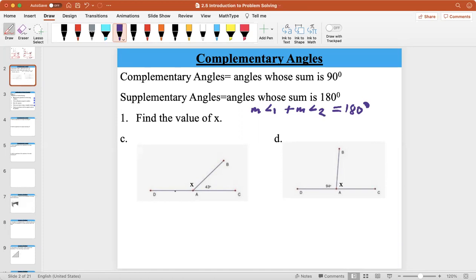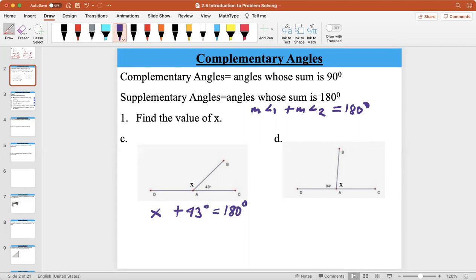So which appears to be our angle 1 here? Angle 1 is x, and angle 2 measures 43 degrees. All right, so that's 43 degrees. So we can form an equation which is x plus 43 degrees equals 180 degrees.